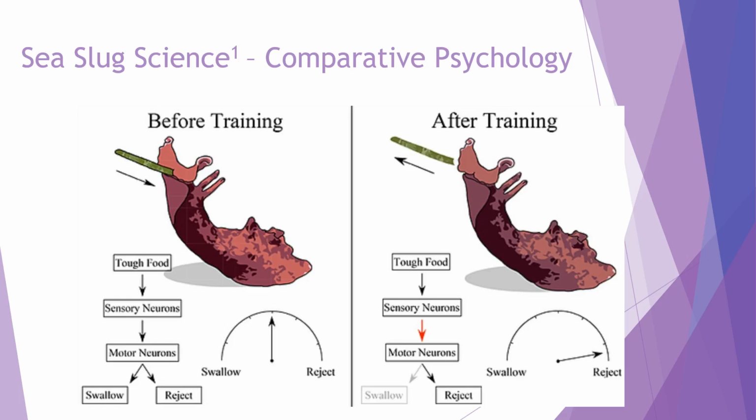So what happens? Sea slugs like to eat, and they need to find food to eat, so they have to learn what food is good to eat. In this example of research involving sea slugs, scientists gave a sea slug seaweed, and seaweed that was wrapped in plastic, with the idea being that over time the sea slug would learn that the plastic wrapped seaweed was not good to eat.